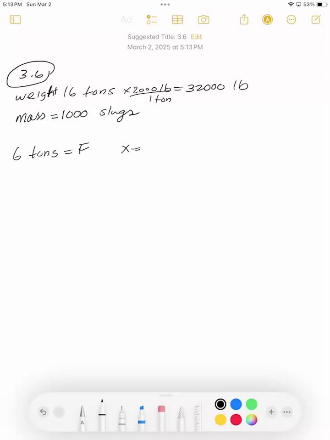So X is equal to 2 feet. So it requires 6 tons to displace the second floor 2 feet due to the elasticity of the building's frame. So the building's frame is our K, and we could find K from what we have.